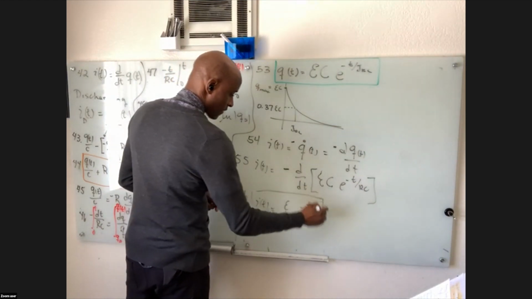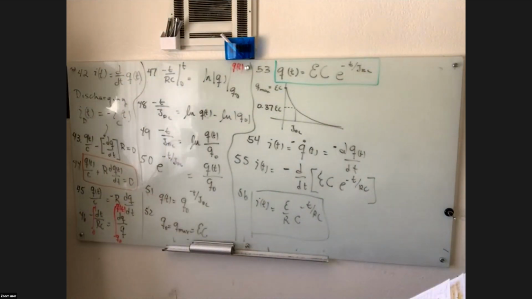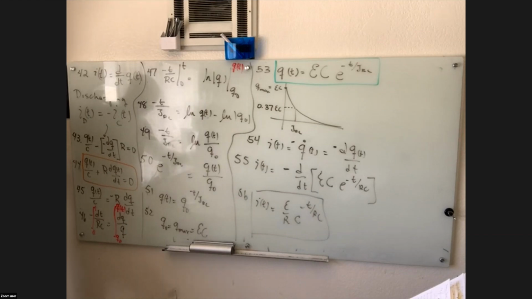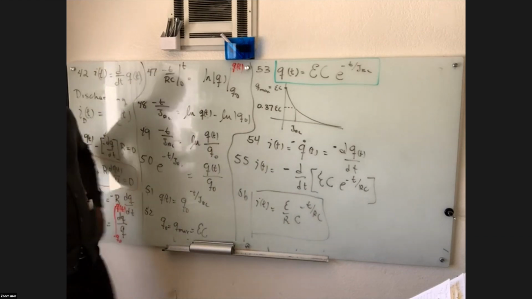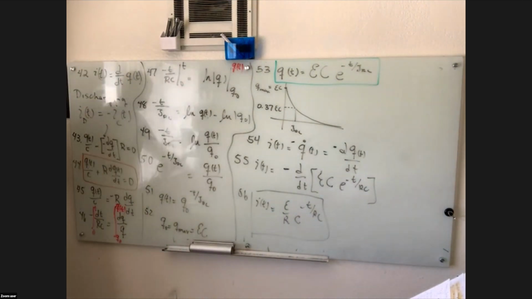And so the graph is going to be the same as we got before, where the time constant is the time it takes for the current to dissipate to 37% of the maximum current, E over R. So that's charging and discharging capacitors.